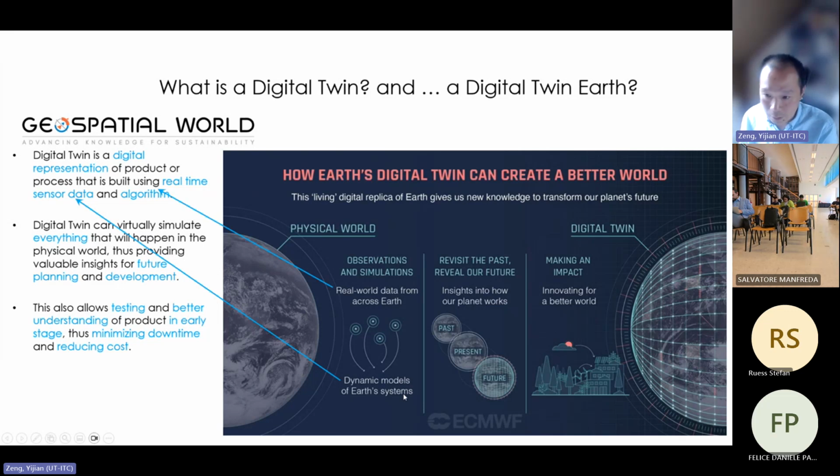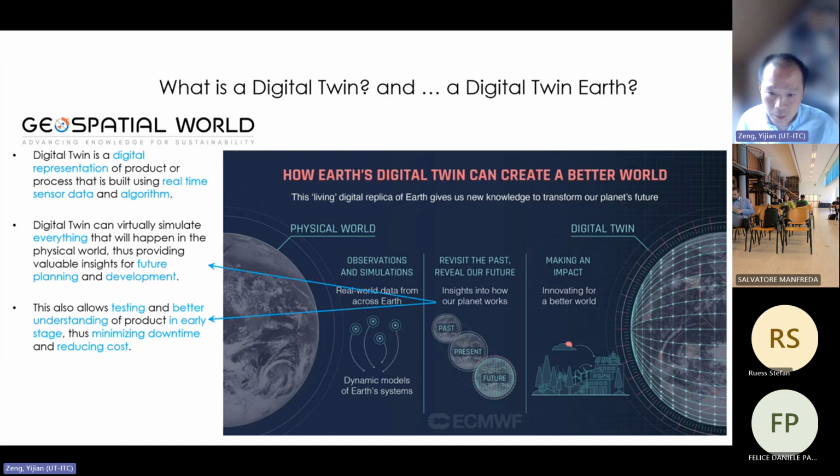Then we can say, okay, the Earth system model is the algorithm. So with this Earth system model and also the satellite data and in situ data, we basically can simulate the past, the present, and also the future of our Earth. Yeah, so this is easy to understand.